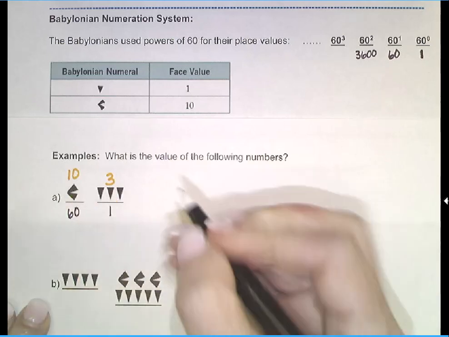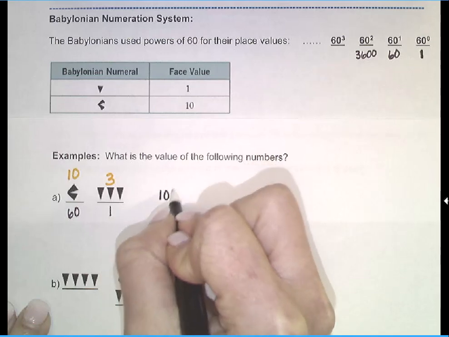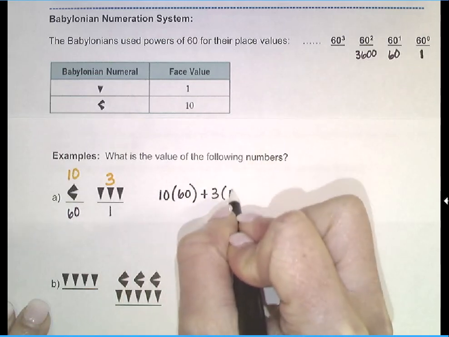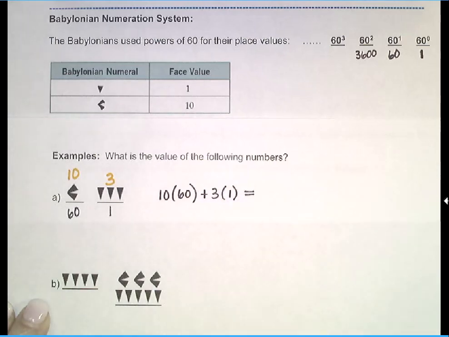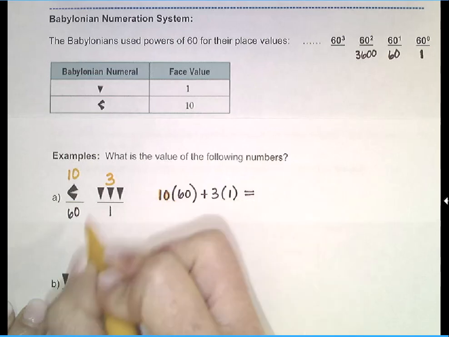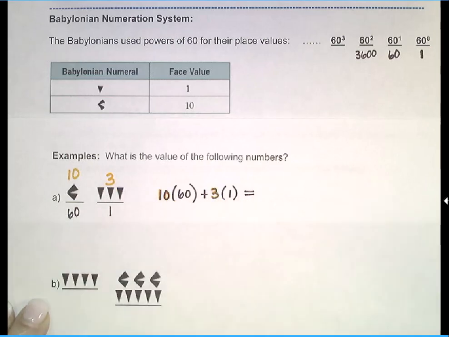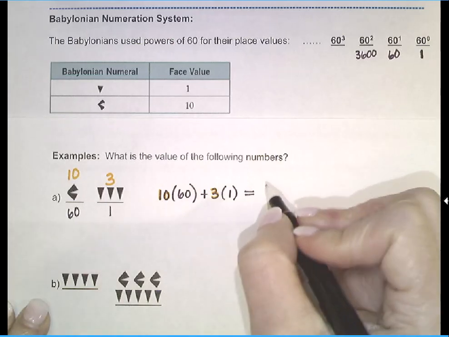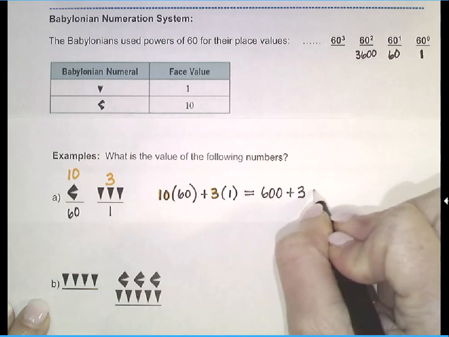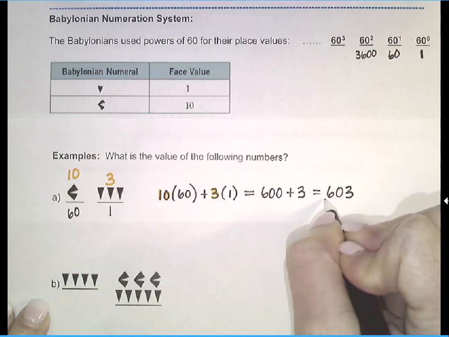So we have 10 60s and 3 1s. Do you see what I'm doing here? I'm just multiplying. 10 times 60, we have 10 60s. 3 times 1. And you can use any kind of a little calculator. You're going to get 600 plus 3, which is 603.